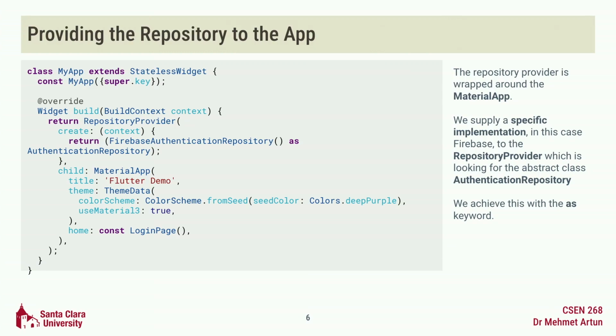So this was my material app. And before all this repository stuff, when I was building the app, I was just returning a material app. Now, I've wrapped my material app with a repository provider. And the repository provider returns a Firebase authentication repository as an authentication repository, because everything in my app depends on this abstract class authentication repository.